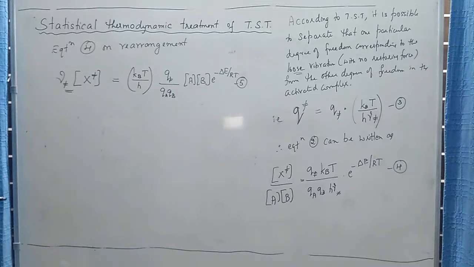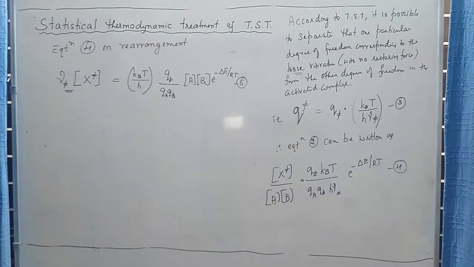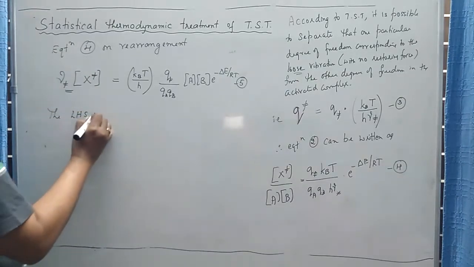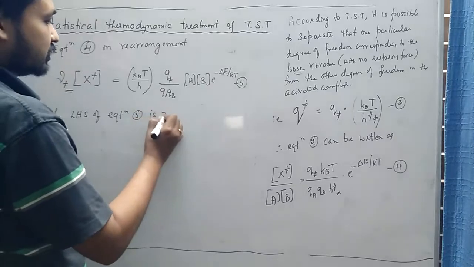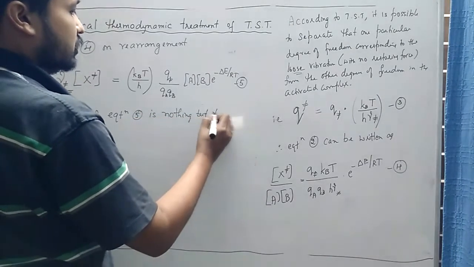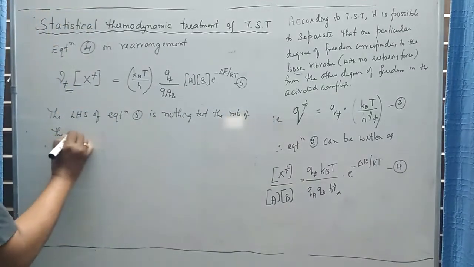So we are arguing that the LHS of this equation is nothing but the rate of the reaction. So the LHS of equation 5 is nothing but the rate of the reaction.